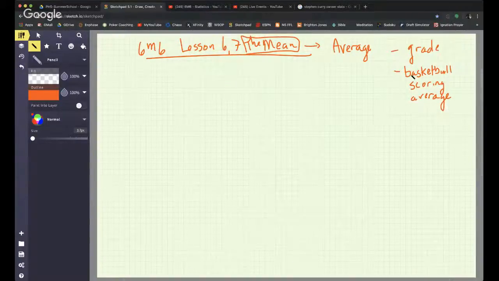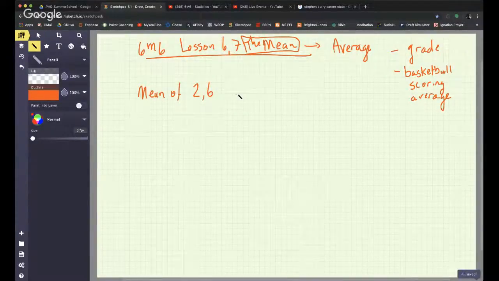So let's start with what is a mean. A mean is kind of a middle. Let's look at two numbers to start, really easy: the mean of 2 and 6.